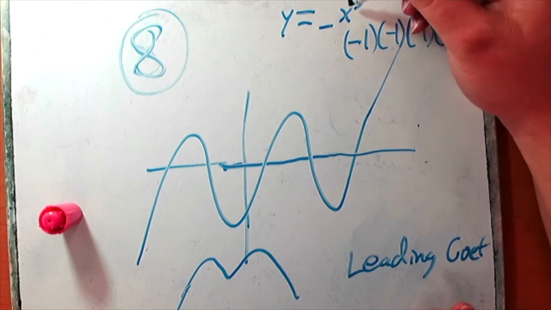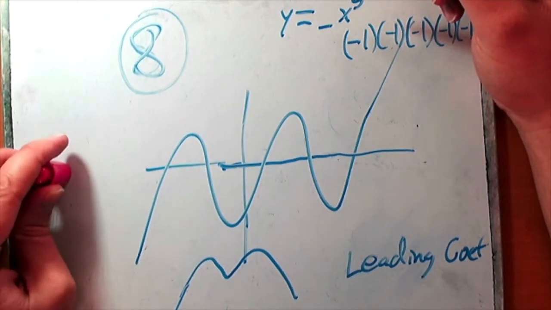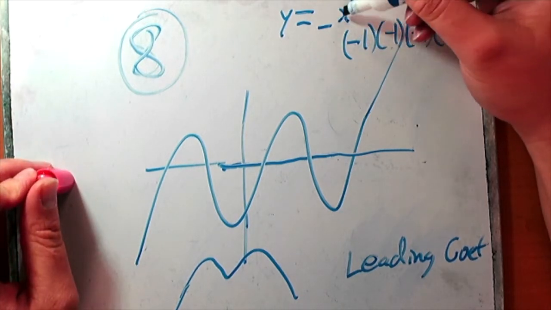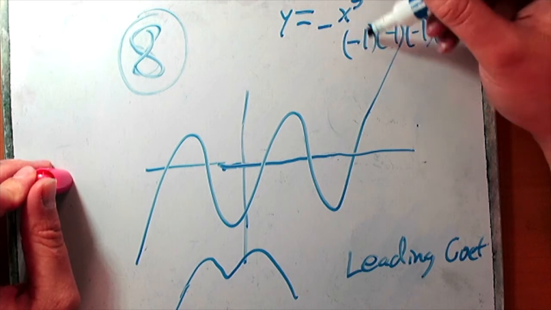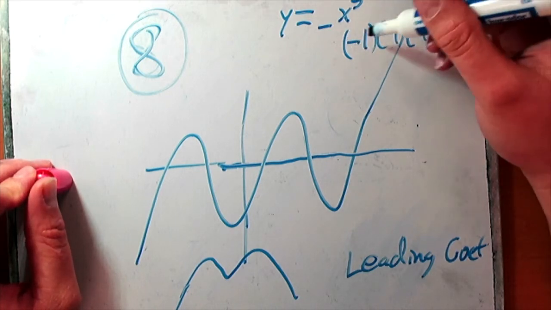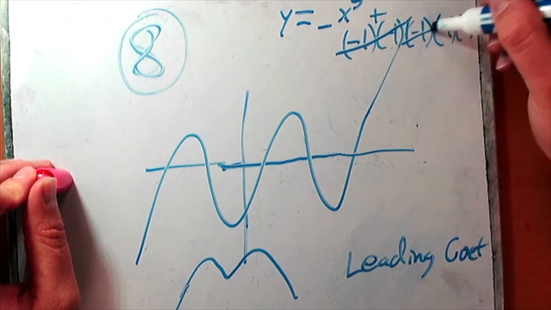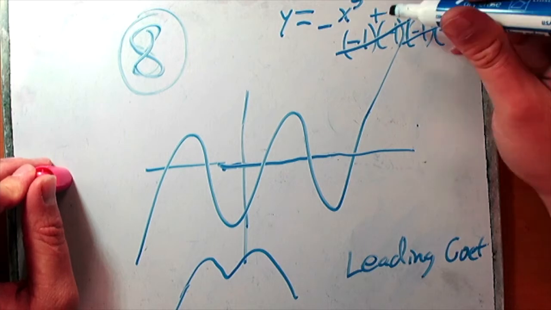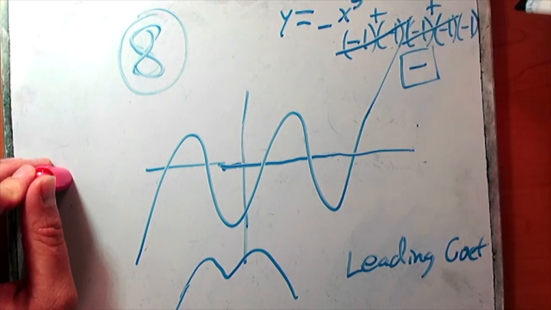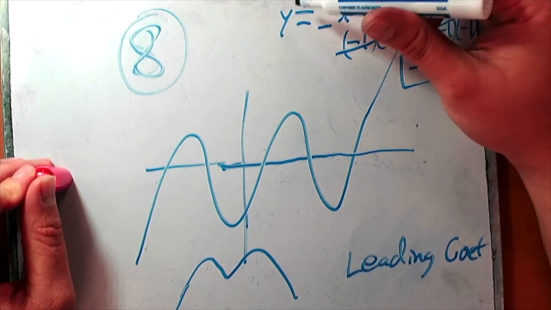If x was really negative, down here, so x is a negative number, x to the 5th is going to be a negative times a negative times a negative times a negative times a negative. The way I always like to simplify these is to cancel them out. So that becomes a positive, that becomes a positive, and that's a negative. So this is overall negative, which means y is going to be negative.